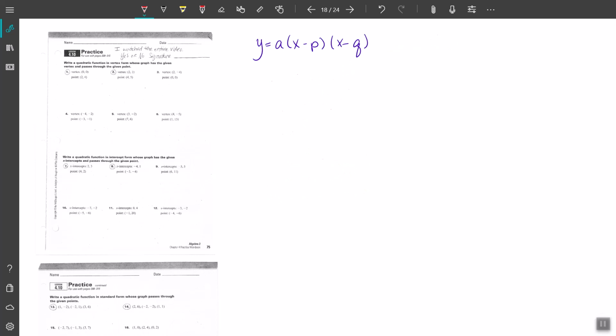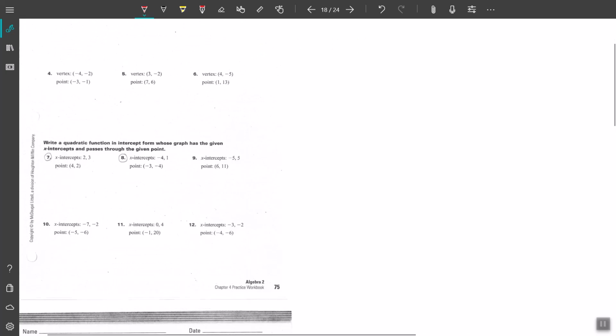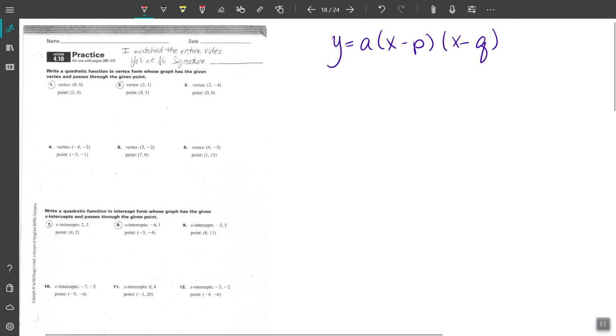Moving down to number 7, they give us an x-intercept of 2, 3, and they give us a point on the graph at 4, 2. All right, I'm sorry, they don't give, the intercepts are 2 and 3. The x-intercepts are 2 and 3. I read that wrong. So that lets us know our p value and our q value.